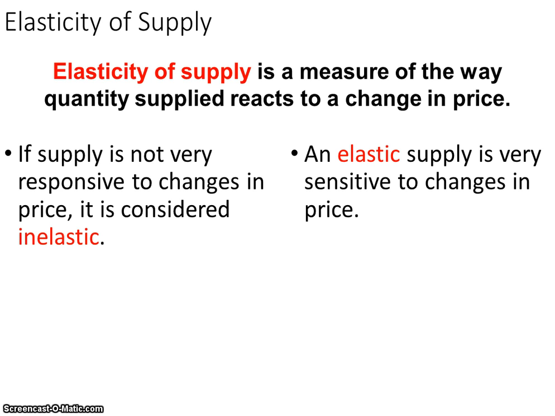That is inelastic. Make sure you can identify the difference between inelastic and elastic. One more time: if supply is very responsive, it is elastic. If supply is not very responsive, it is inelastic.